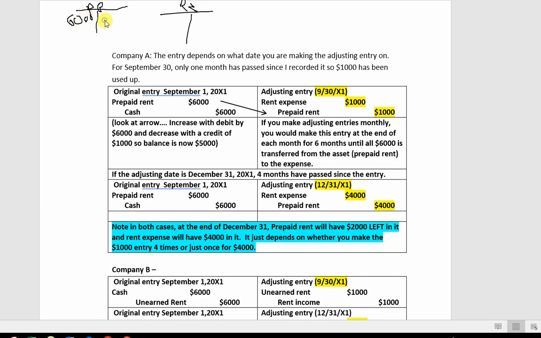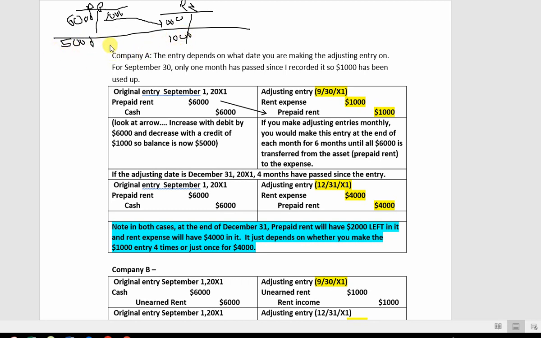At the end of every month, I took 1,000 out and put it into rent expense. So notice at the end of month 1, I have 5,000 in there, and I have 1,000 in rent expense. These two add up to the $6,000.